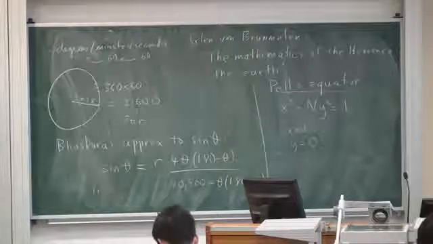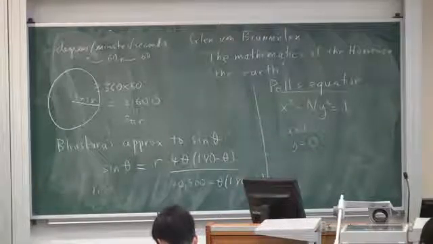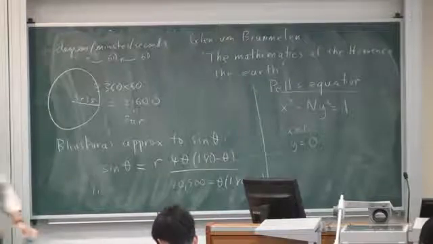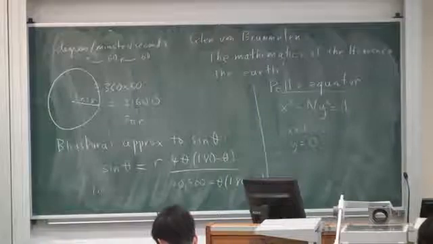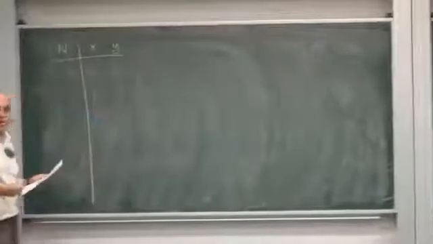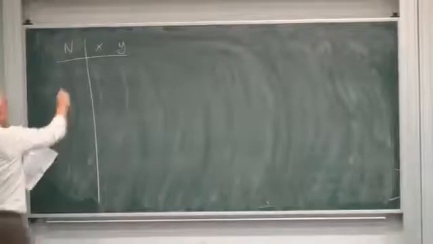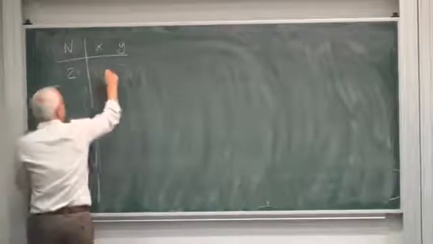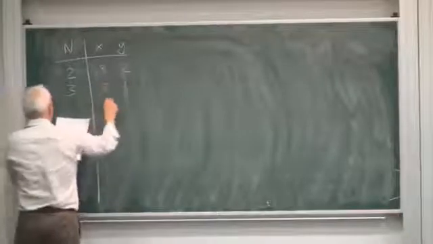Well, trial and error is a good way, and you can certainly discover for different values of n, where n is a square-free number, you can hunt for them. And here's a table of some of them. Here is capital N, and here are the smallest non-zero, non-trivial values for x and y of Pell's equation. If n is 2, we've already seen the solution 3, 2. For n equals 3, there's the solution 2, 1.